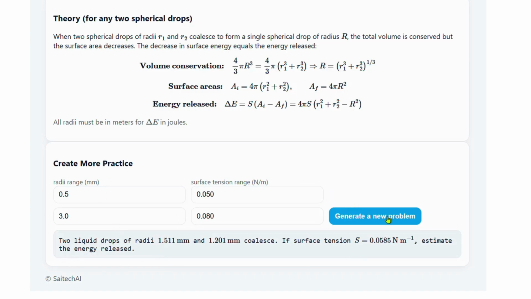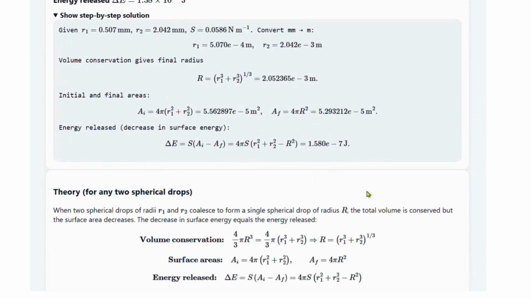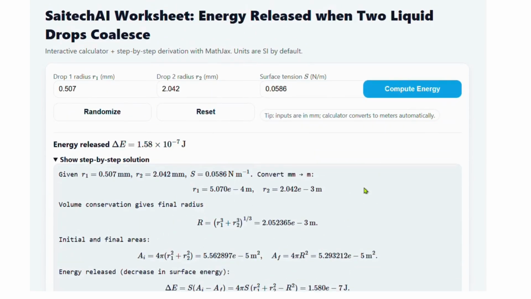You can substitute these values, get the answer, and verify. This will generate another new problem, and again another, till you get quite conversant with this concept.